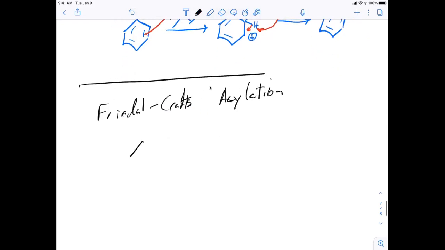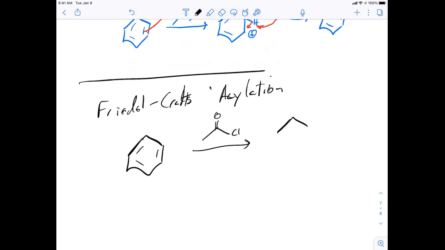For Friedel-Crafts acylation, it's very similar, except instead of an alkyl halide, I'm going to use an acid chloride. And instead of adding just an alkane, with AlCl3, what I'm going to do is add the carbonyl.